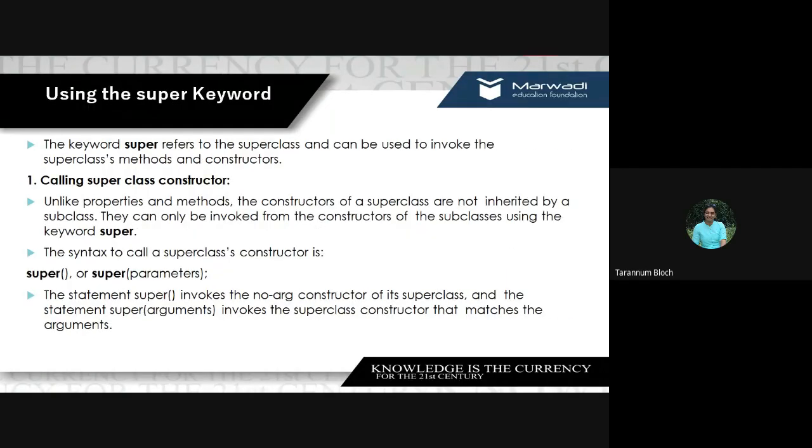Now, along with that, there is one keyword which is associated with the concept of inheritance in Java programming. We call it the keyword super. The super keyword refers to the superclass, and it can be used to call superclass methods and constructors in the child class or in a driver class.